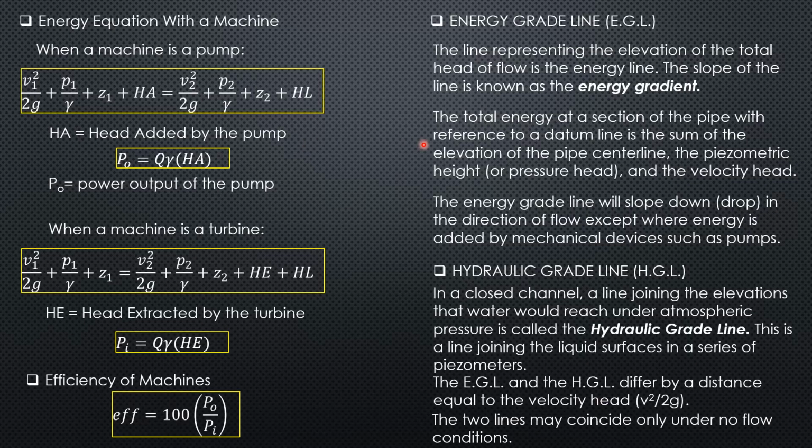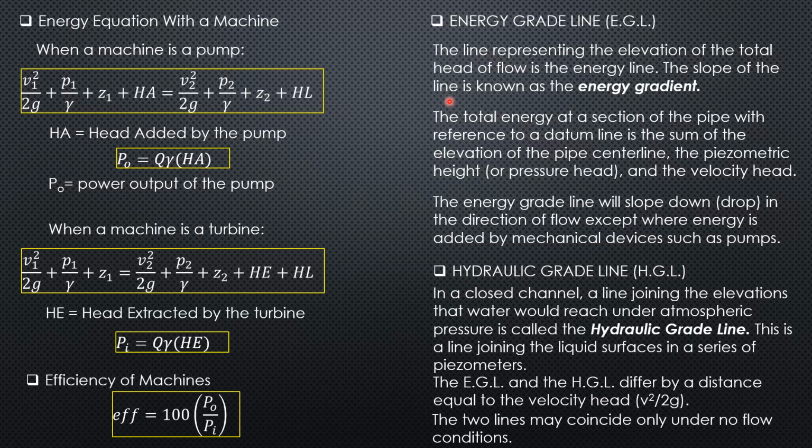The energy grade line is also the hydraulic grade line under a no-flow condition. So for example, in a tank, there's no flow. It is just stagnant. The liquid surface in the tank, which remains at the same elevation, is also the energy grade line and the hydraulic grade line.